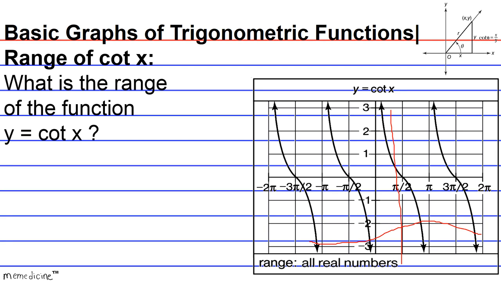Because as you can see here, several x or independent variables can have the same answer of -2. Okay, so it's not a one-to-one function, although it is a legit function.